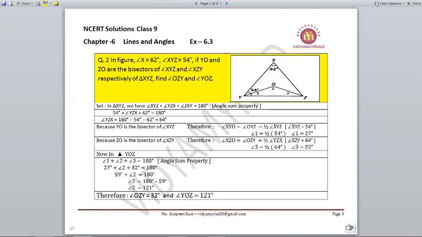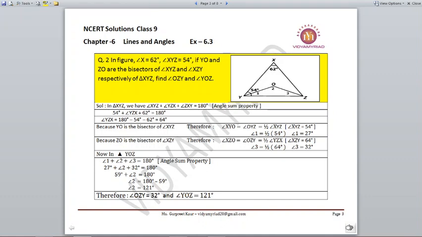So I will divide these angles by 2 to find out my angle 1 and my angle 3. Your angle 1 comes out to be 27 degrees because 54 divided by 2 is 27, and angle 3 comes out to be 32 degrees because 64, the total angle, divided by 2 gives you 32.